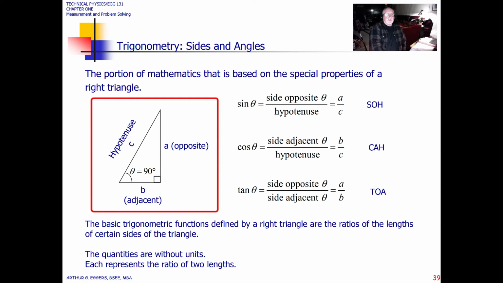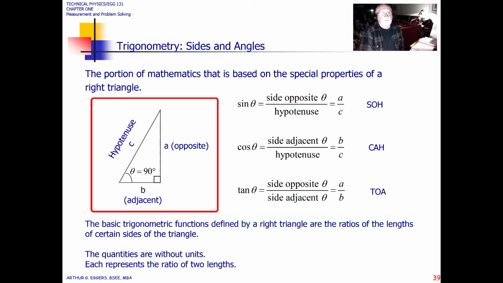The opposite relates to the angle theta. So if you look at the angle theta being made in the lower left-hand corner, the side that's opposite that angle is a. The side that's adjacent to that angle is side b. And then the distance between the 2 points, the farthest reach on the opposite and adjacent, becomes the hypotenuse, or side c.